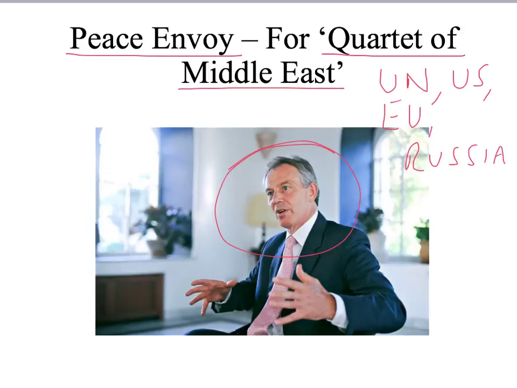And his role as special envoy for that group is to mediate in the Israeli-Palestinian peace process. And again, he's come under lots of criticism for not being particularly effective in this role.